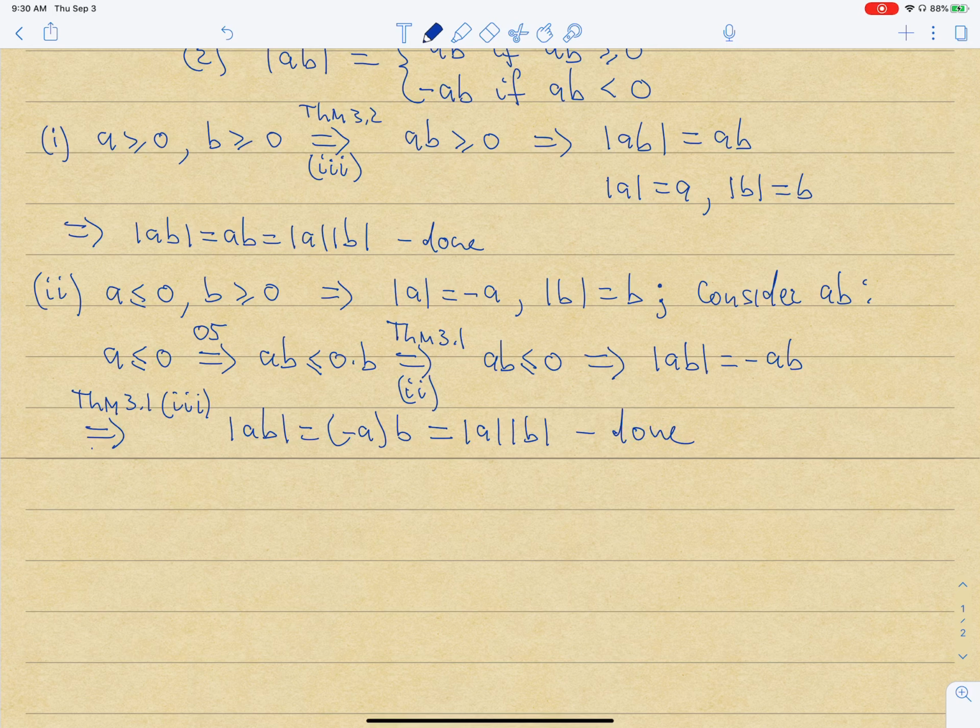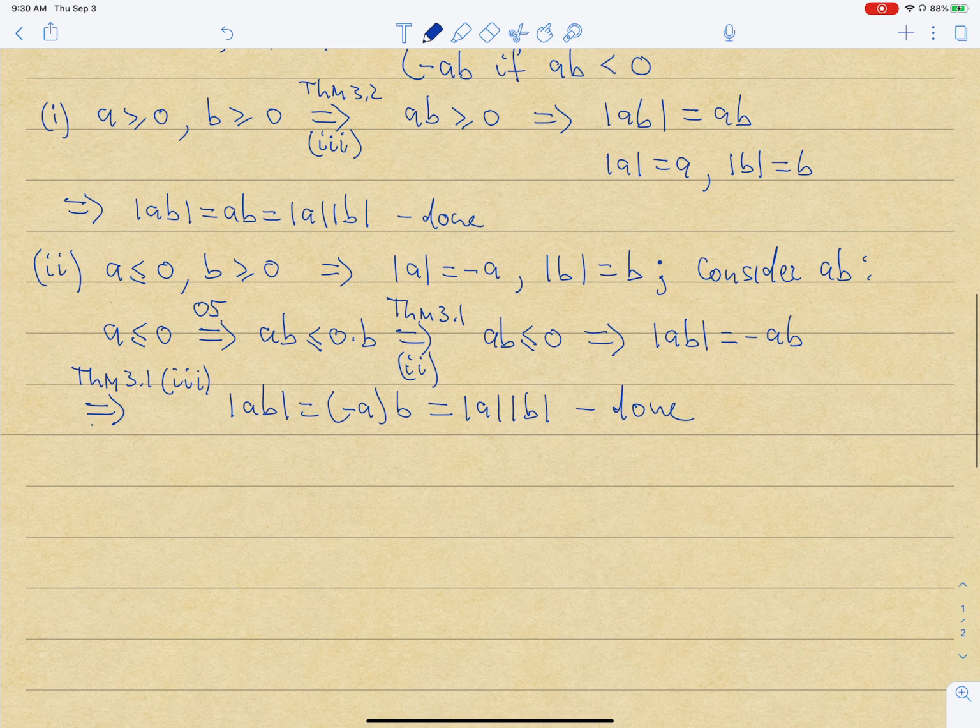Because again, we established that absolute value of AB is absolute value of A times absolute value of B. Item 3, A is greater or equal than 0, B is less than 0, or less or equal than 0, doesn't matter. The same approach as in number 2, right? Because the roles of A and B are reversed, but the idea is exactly the same.